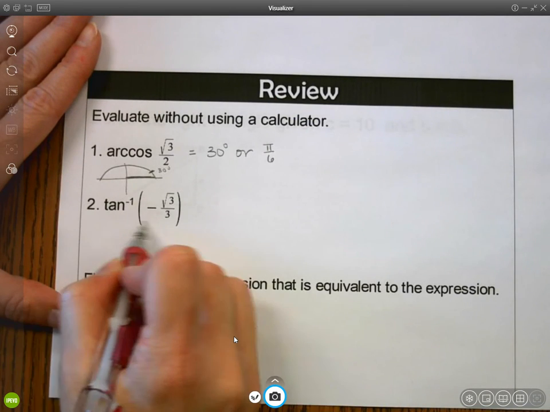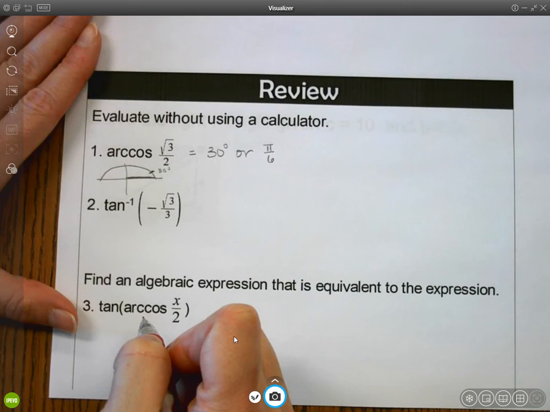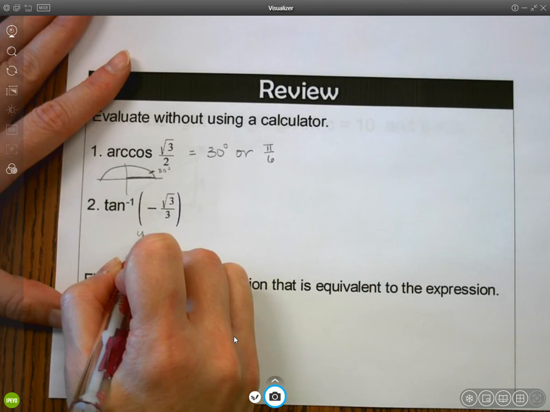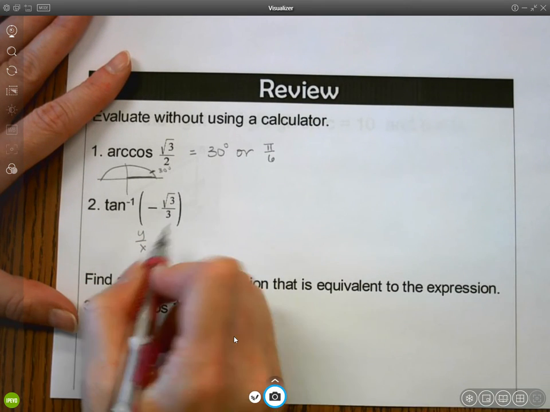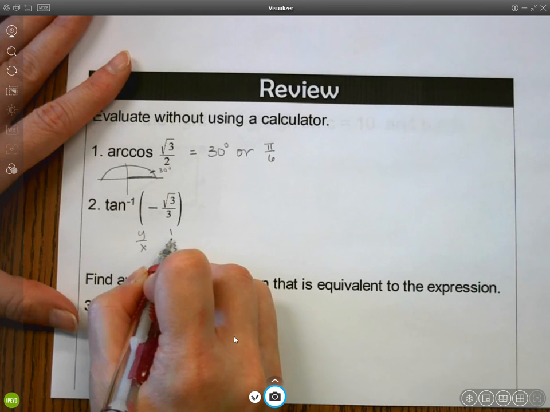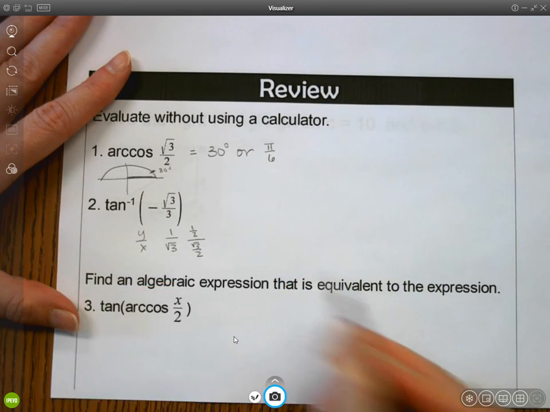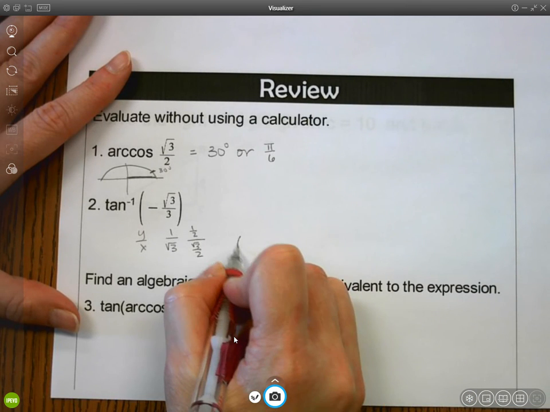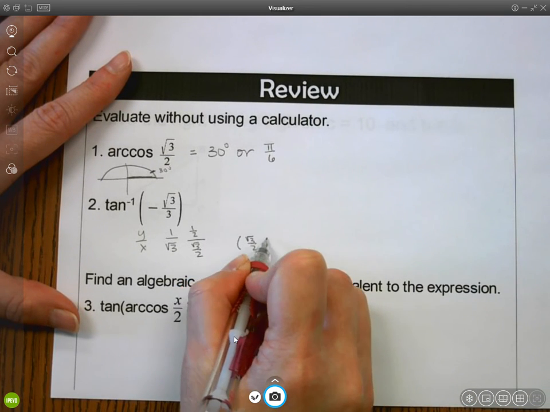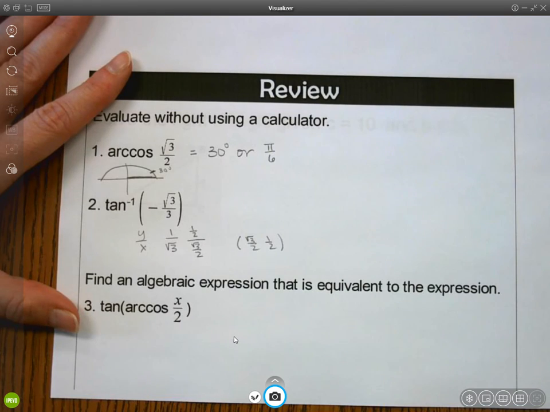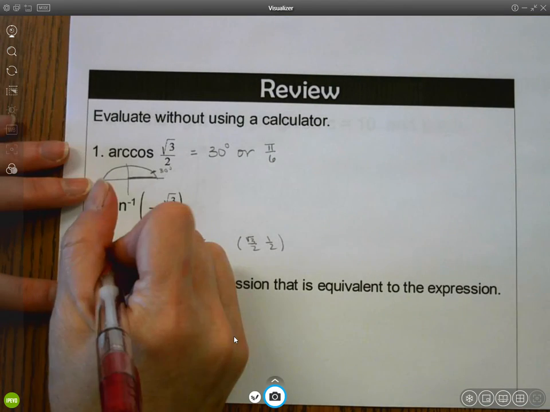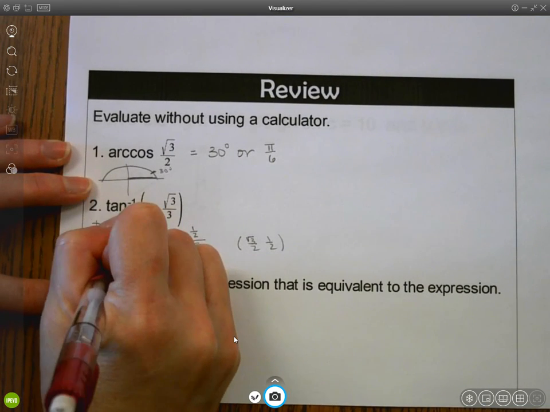All right, so when is tangent negative root 3 over 3? Remember tangent is y over x. To get root 3 over 3, I had to have a root 3 on the bottom, which means I had to have 1/2 here and root 3 over 2 here, which means the ordered pair I'm looking for is root 3 over 2, 1/2. But somebody's got to be negative. Well, remember for tangent, we're only allowed to look at this part.